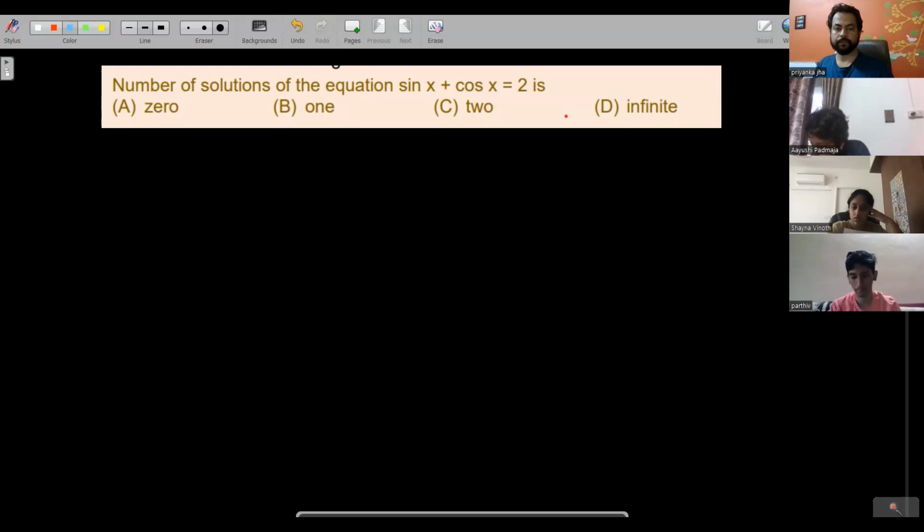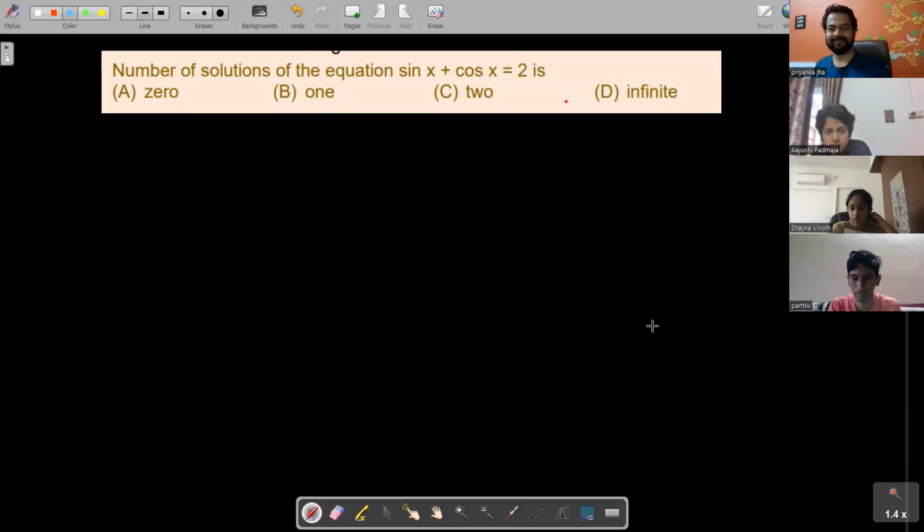Why so? Because I don't think sin x and cos x can be 1 at the same time. Yes, very good. You know that the maximum value of sine is 1 and of cos is 1. And this will become 2 only when this becomes 1 and this becomes 1. But that is not possible.